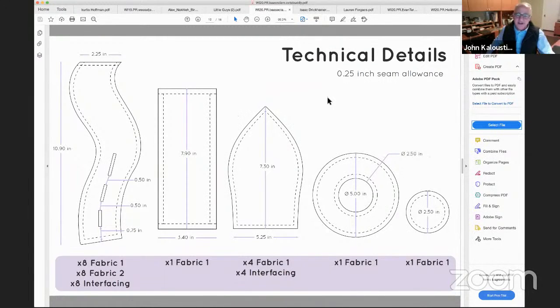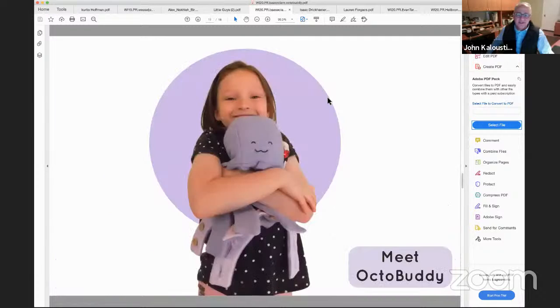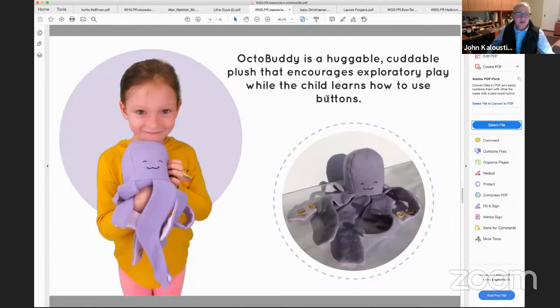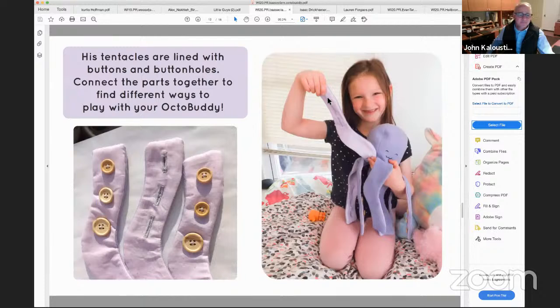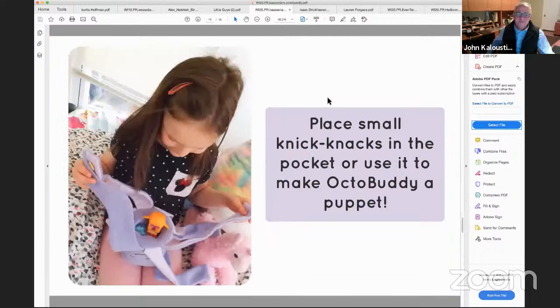It was her main character that she came up with. A child could learn about tactile feels of using buttons and storage, and it became the little creature that you could take around. You could pack things in it and take it with you or use it as a puppet.